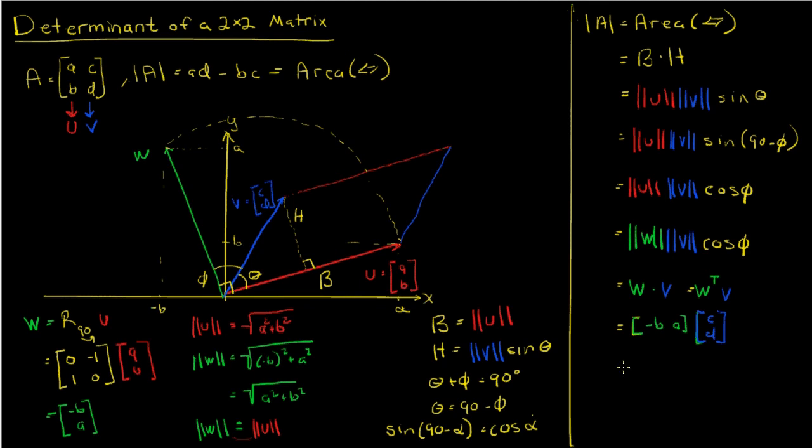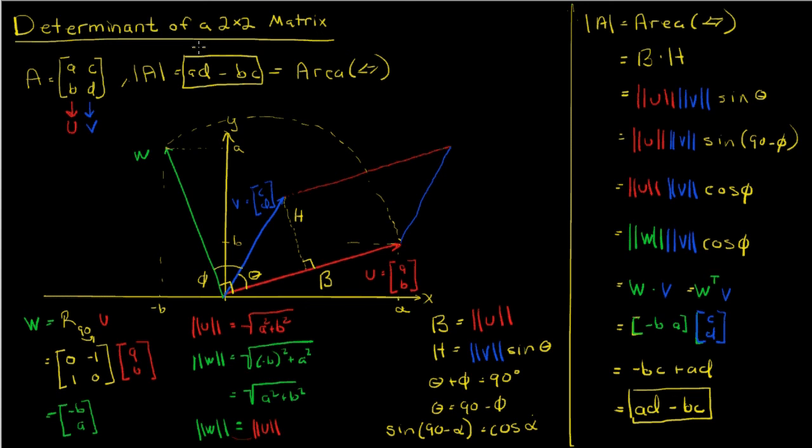If we multiply this out, we have minus b times c, plus a times d. If we swap these terms around, we get the familiar a d minus b c. I'll put that in a box, because that is the value of the determinant from the standard definition for a 2x2 matrix.